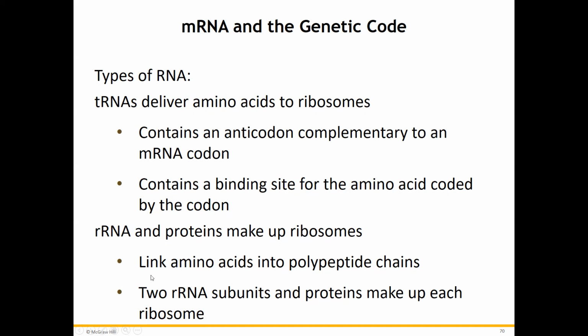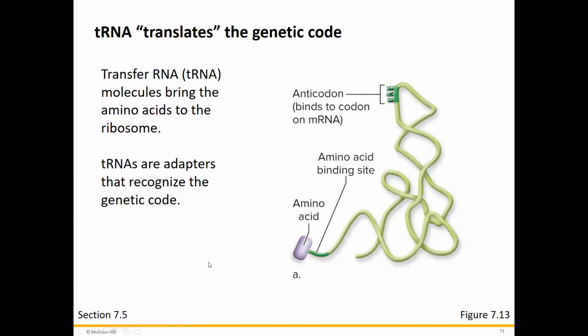There are proteins mixed in, and the ribosomal RNA is where the actual translation happens, and the amino acids are linked together to form the polypeptide chain. You're going to see there are 2 rRNA subunits that make up each ribosome, a small and a large.